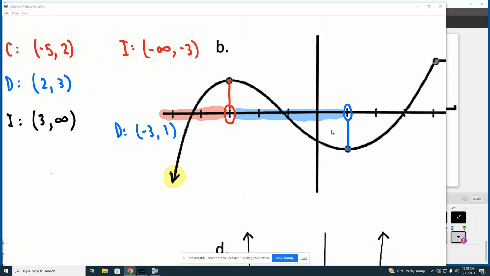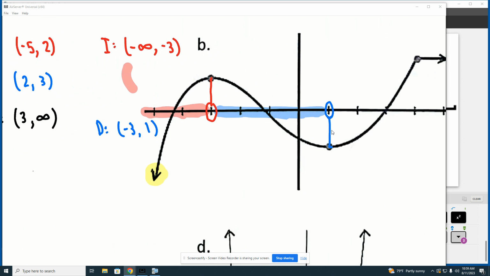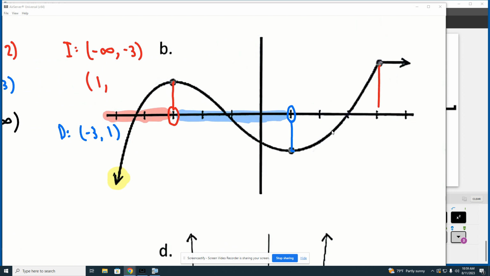As we move from left to right, it's going down. That's -3 to +1. And then what does it start doing again? So I'm going to go back up here to the increasing area. You don't have to make a new category of increasing. But it increased as it left 1, and it went all the way to right here, which is what x value? 4. So it's increasing from 1 to 4.